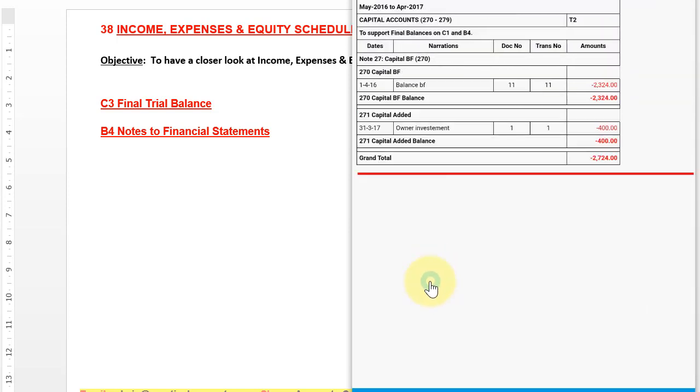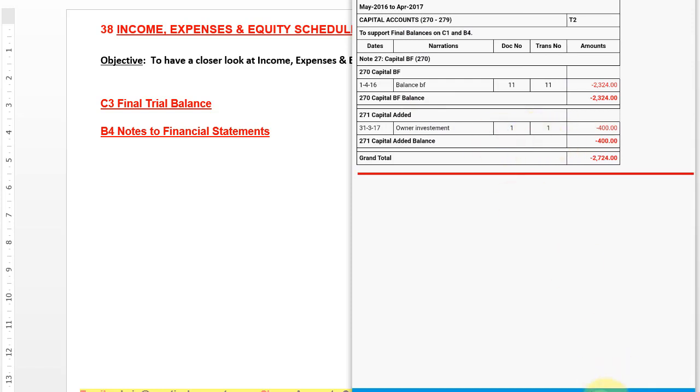Remember, the general ledger is on a monthly basis, but this is also a general ledger account, on an annual basis. So we've got the capital brought forward and capital added. And that's all for these two reports.